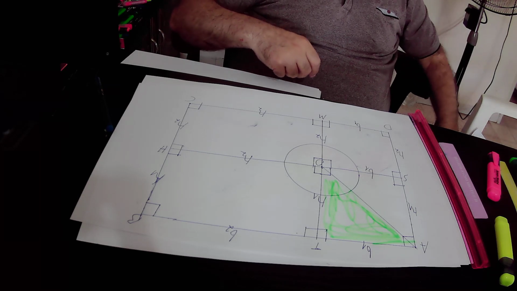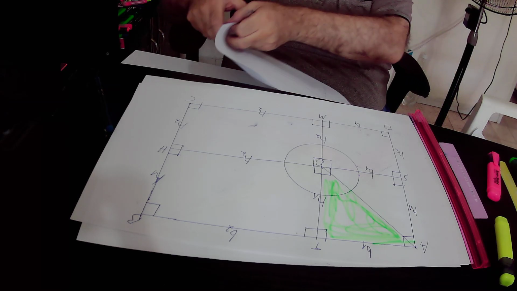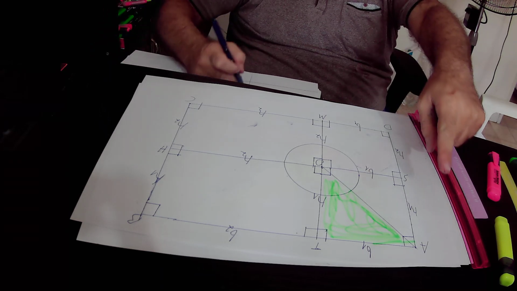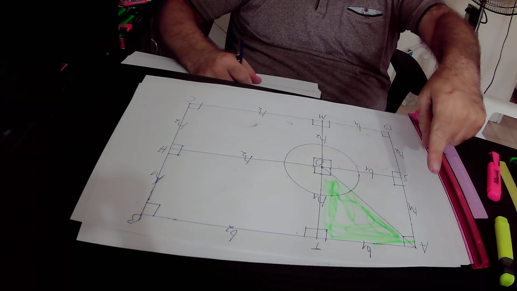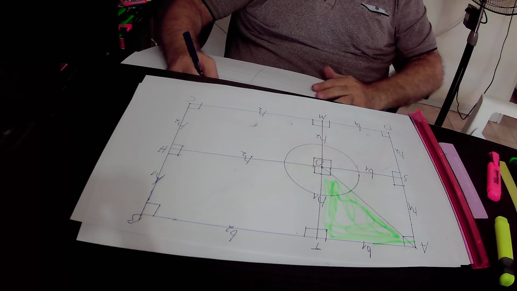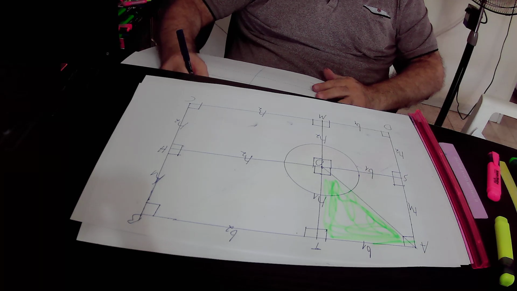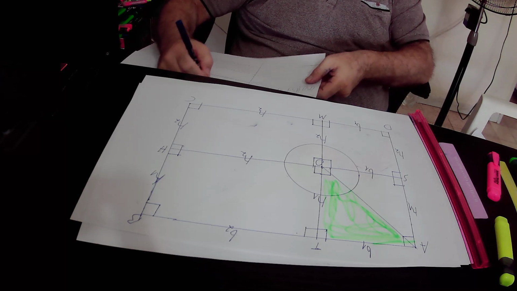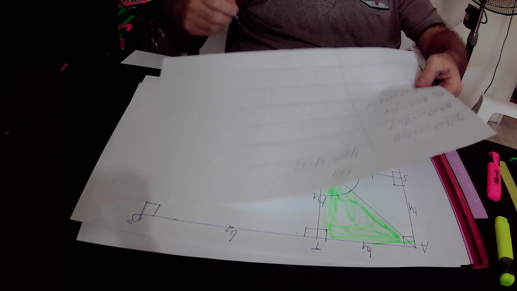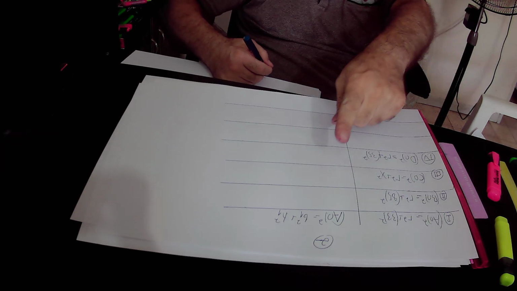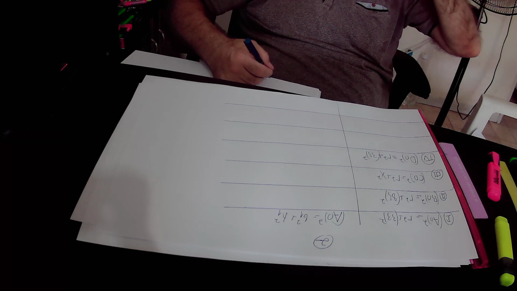According to the Pythagoras theorem, we get that AO square equals B1 square plus H1 square. Repeat again, in the green right triangle, triangle AOT, we get that AO square equals B1 square plus H1 square.